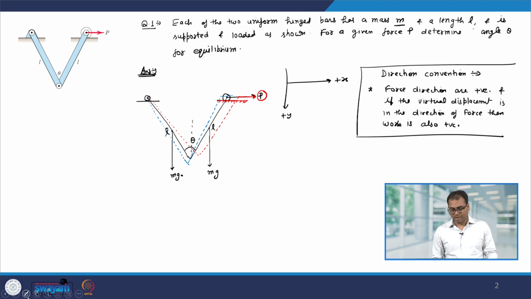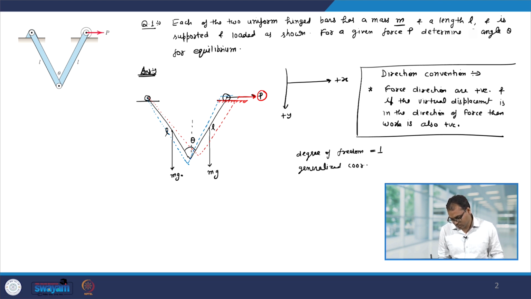One more thing you have to appreciate here, that the degree of freedom is 1 and the generalized coordinate is theta. So, now let us look at the virtual work.